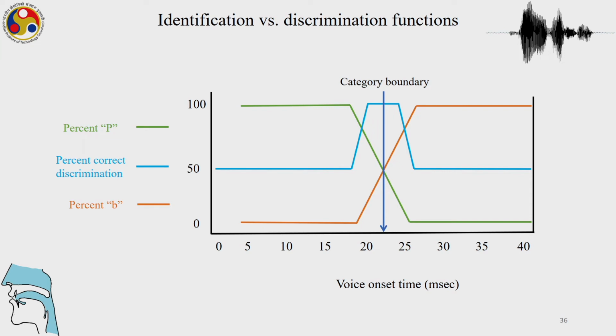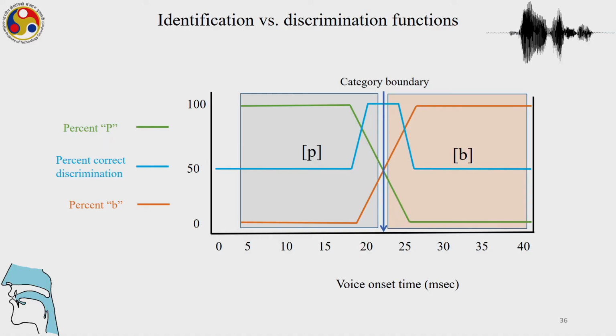The experiments have produced similar results. So, this is a ba, and from 5 to 20 milliseconds the result is always that of pa. Between 20 to 25 milliseconds all the way to 40 and beyond, it's always ba.